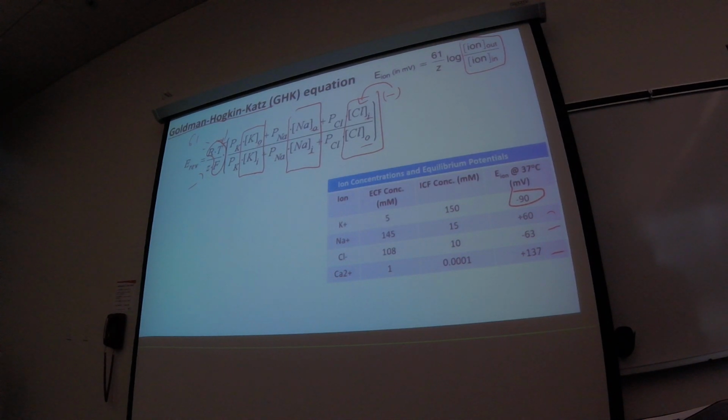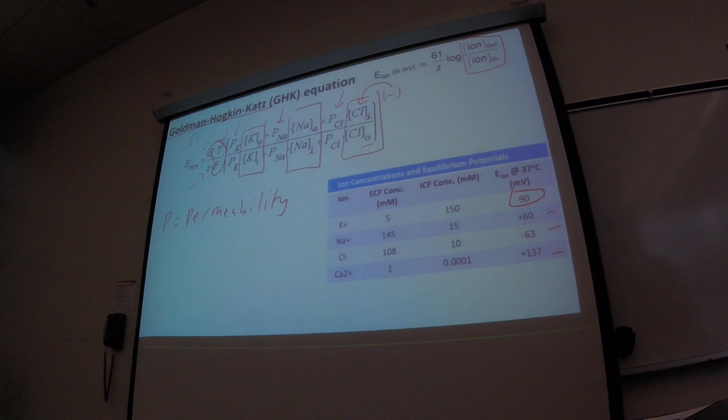And the special thing about this is this P-value, and each ion has this P-value, and P stands for permeability. So what goes in the equation is how permeable these ions are to the cell membrane. And it varies.